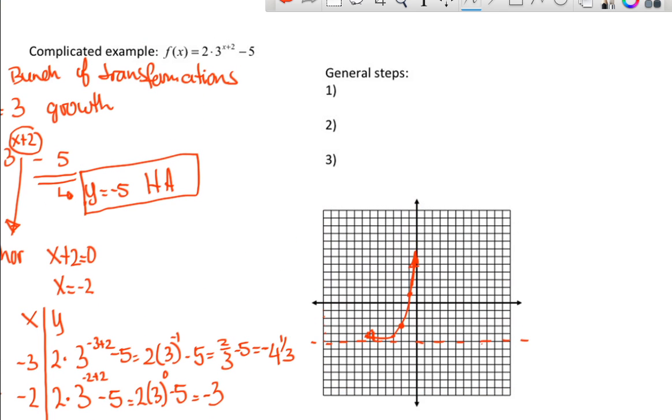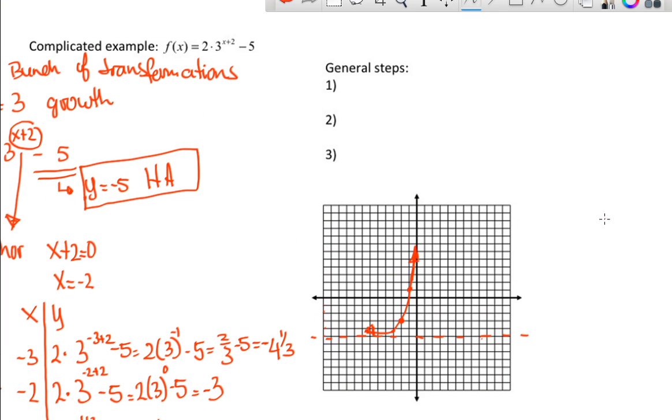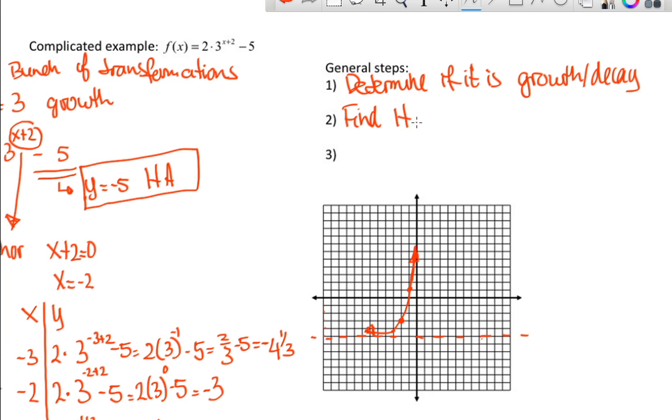So in general, how would I graph an exponential function? Well, I would determine if it is a growth or a decay function, because that helps me figure out where I get my whole numbers, to the right or to the left of the anchor. After that, you should find your horizontal asymptote. It's usually given in the function. It's the transformation or shift up or down.